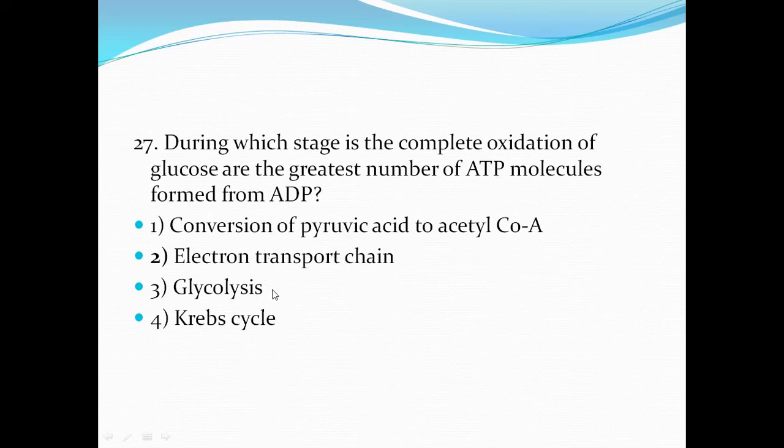Glycolysis produces 2 ATPs net. 4 ATPs are produced actually, of which 2 are utilized. In the Krebs cycle also, 2 GTP molecules are produced, which are equivalent to 2 ATP molecules.